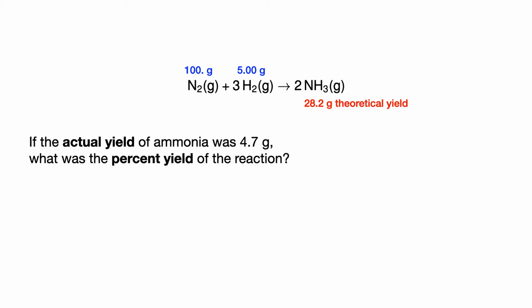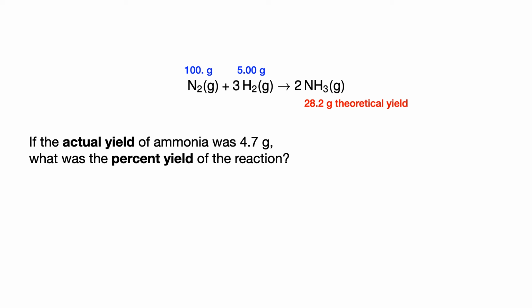And so we could calculate the percent yield for the reaction. What fraction of the theoretical yield did we actually get? And you can see 4.7 grams is a small fraction of the theoretical 28.2 grams yield that we calculated for this reaction. And the exact fraction that it is, well, we would calculate that by just dividing our actual yield, 4.7 grams, by the theoretical yield, 28.2 grams.